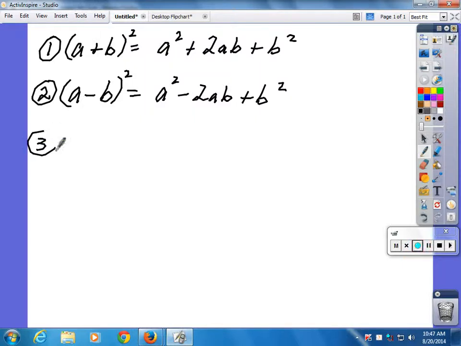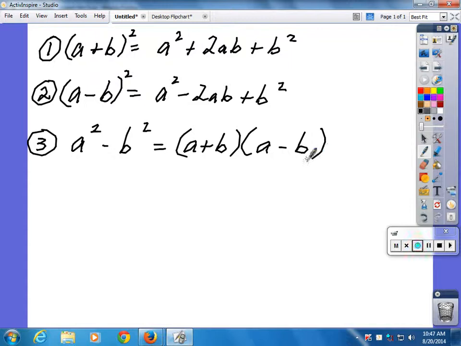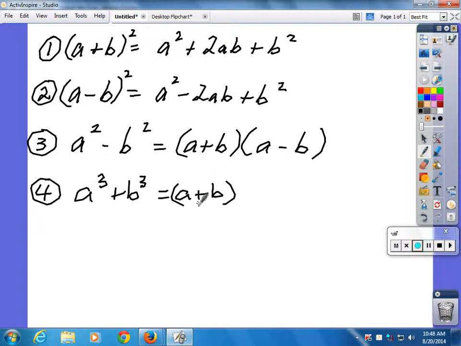Shortcut number 3 is the difference of two squares. A squared minus b squared is equal to a plus b times a minus b. Shortcut number 4. A cubed plus b cubed is equal to a plus b times a squared minus ab plus b squared.